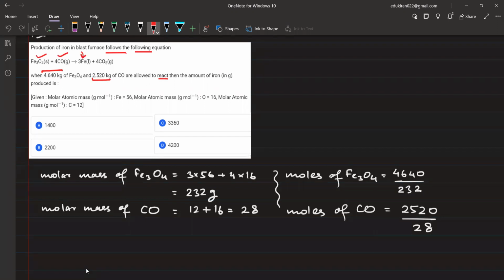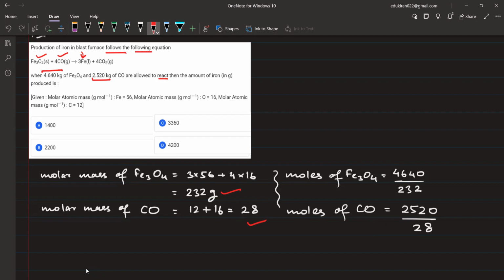How will we calculate the limiting reagent? Moles upon coefficient ratio. Now, first of all, you have to calculate the molar mass of Fe3O4. You will get 232. Molar mass of CO you will get as 28. Now, you will calculate the moles of Fe3O4, 4640 upon 232. Moles of CO will be equal to 2520 upon 28. Now let's look at the moles upon coefficient ratio.